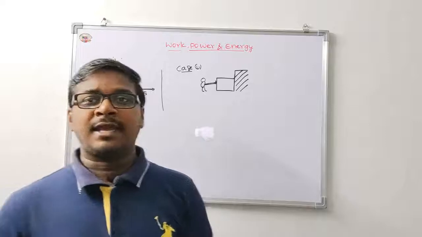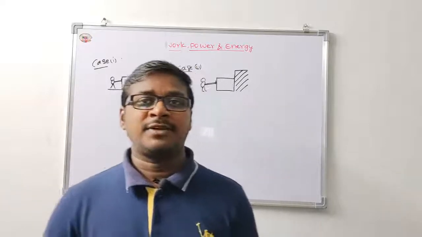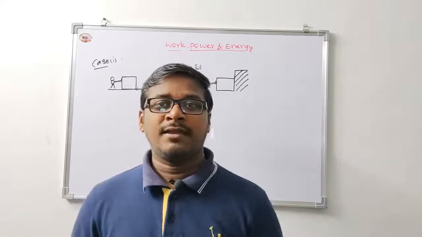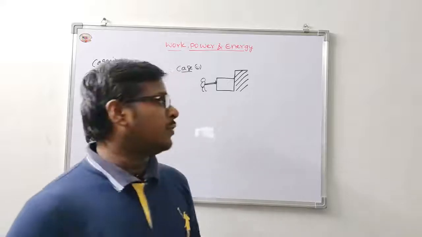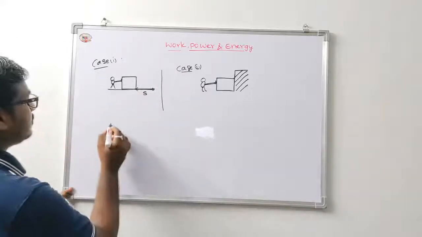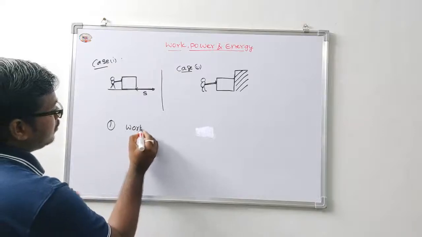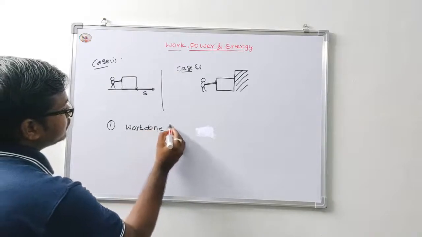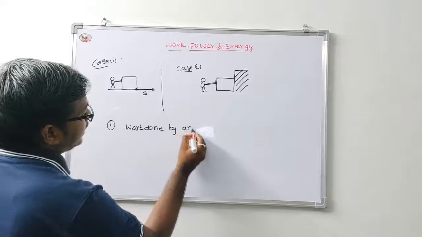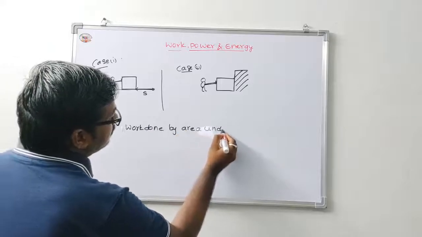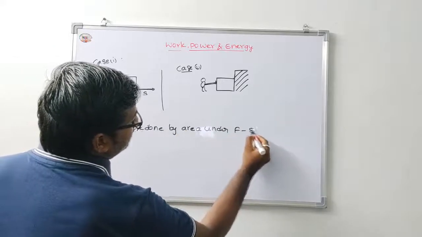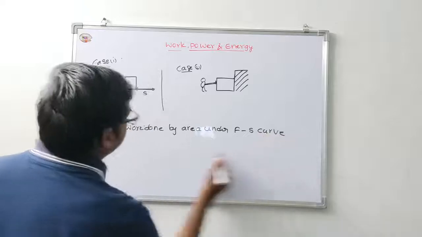Work done can be calculated in three ways. First one is work done by area under the force displacement curve.